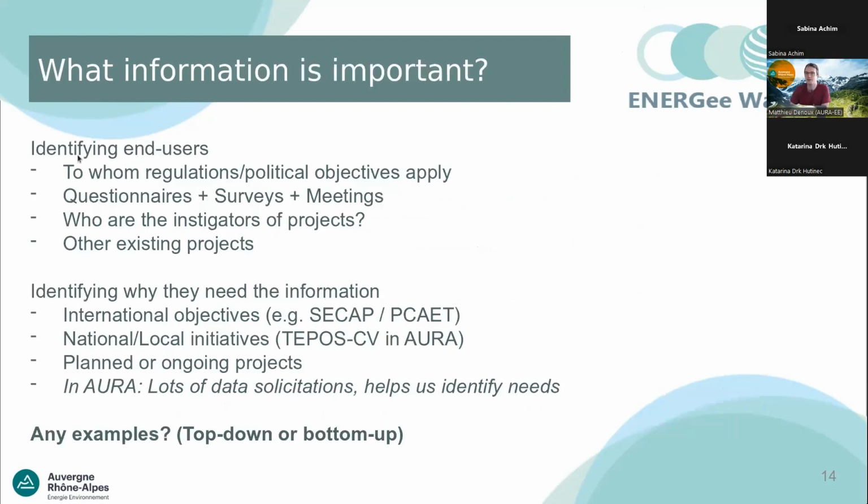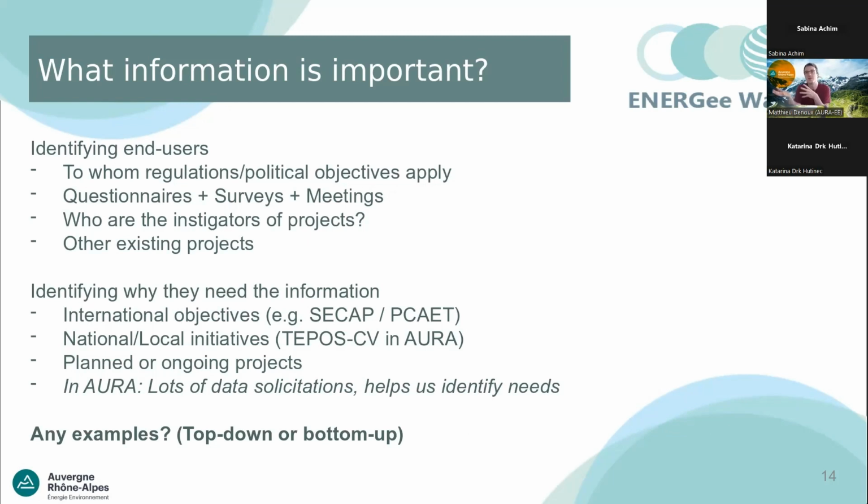So when we talk about identifying end users, you can have some criteria. For example, who are the people to whom regulations and political objectives apply, for example in terms of renewable production goals. It's applying to the city level, or maybe the regional level.